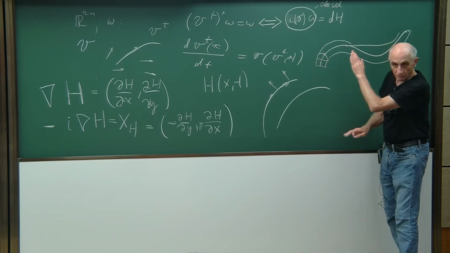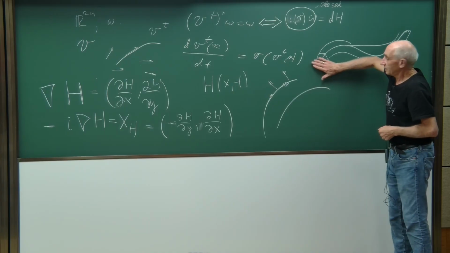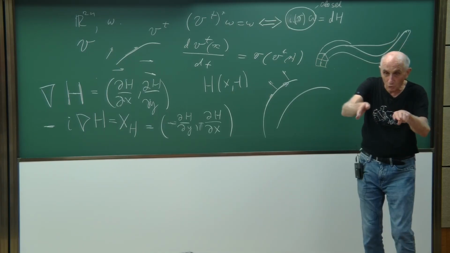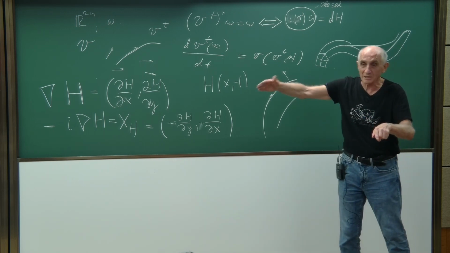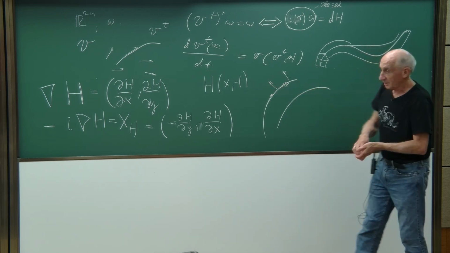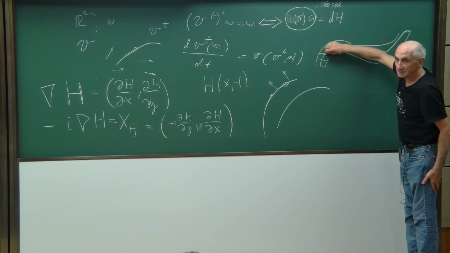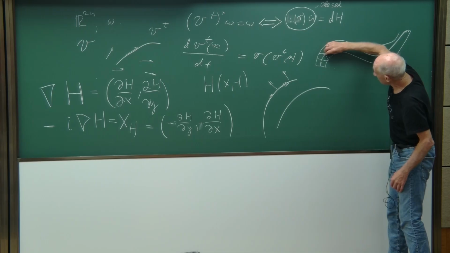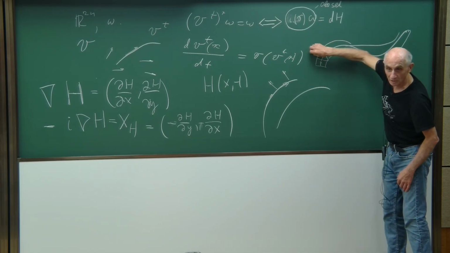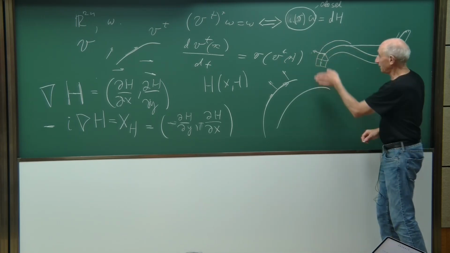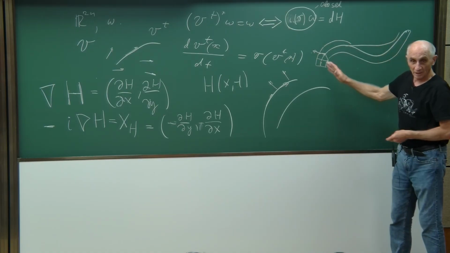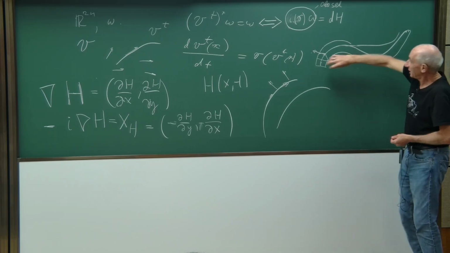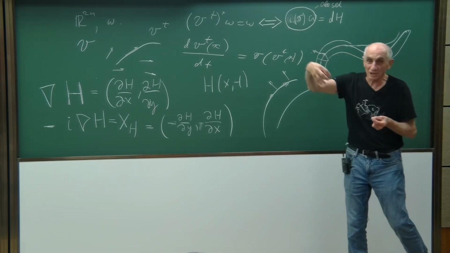Take any such surface, and then take any function for which, locally, this surface is a level set. Now consider the corresponding Hamiltonian vector field. The gradient will be orthogonal, so when I multiply by I, you get a vector tangent to this surface, and therefore you get a Hamiltonian flow for which the given curve will be a trajectory.